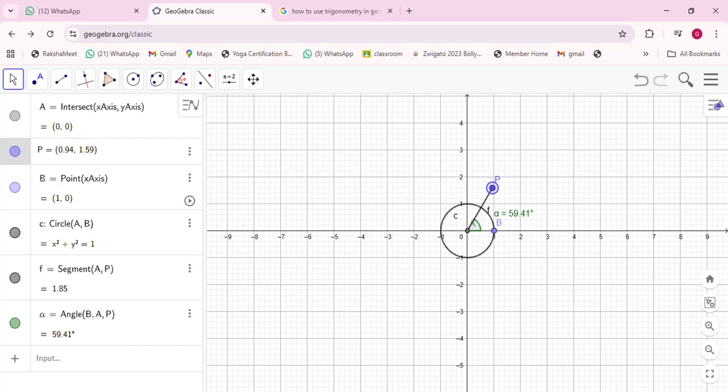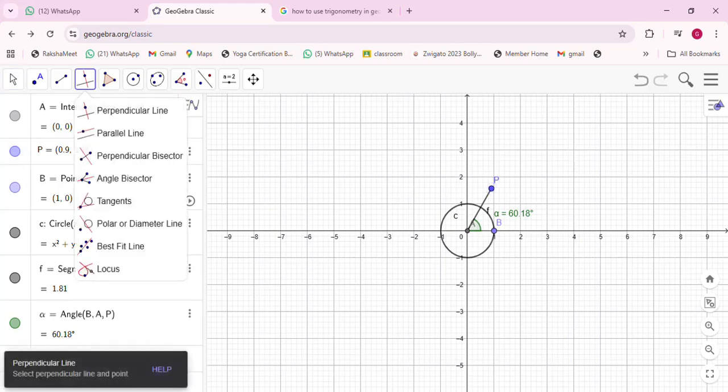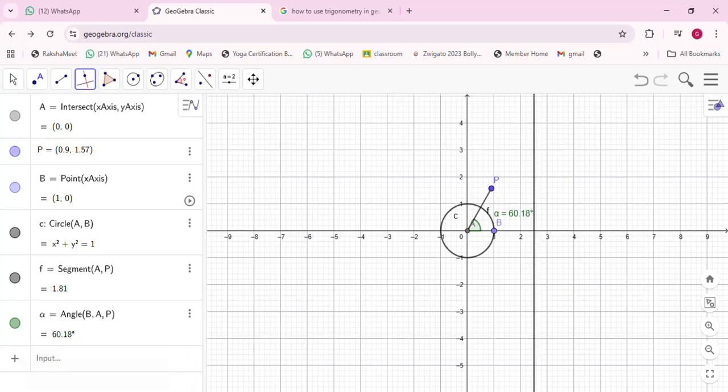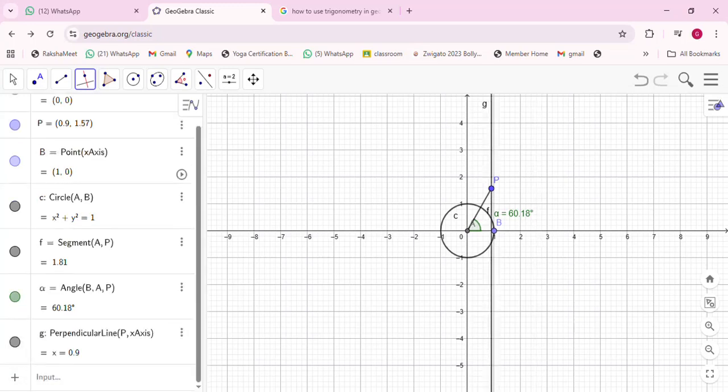I will make this angle 60, and I will draw a straight perpendicular line passing through B. Select the perpendicular line, that is the x-axis, and passing through point P. So this is my line. So now this angle is 60.18, alpha.